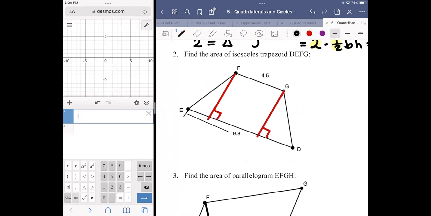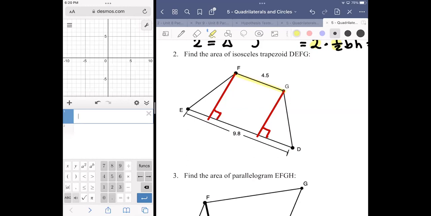This whole distance here is 9.8. Right, that whole shebang. So from here to here, we have 4.5.